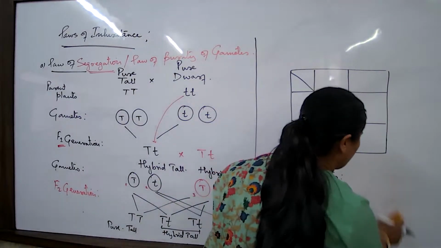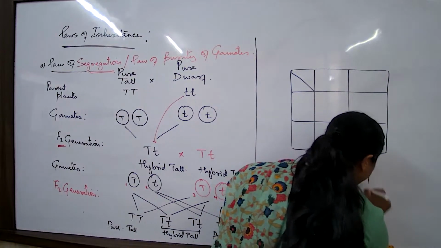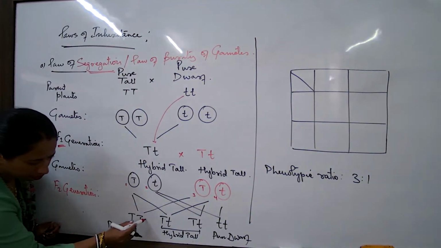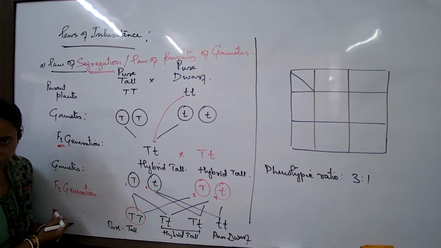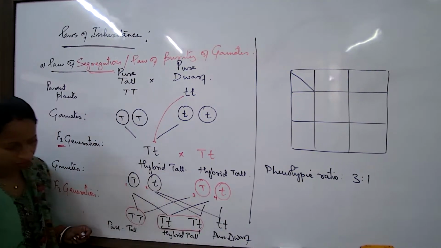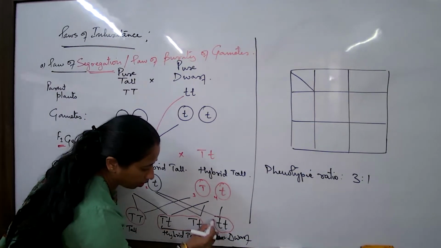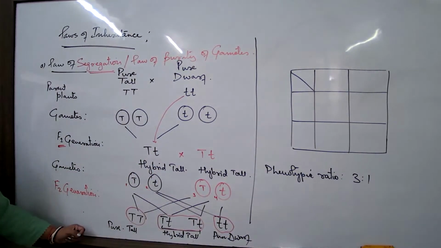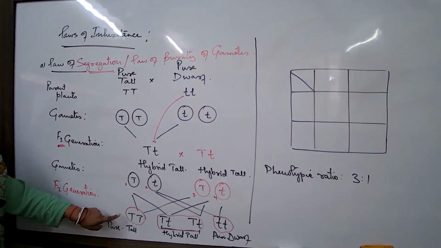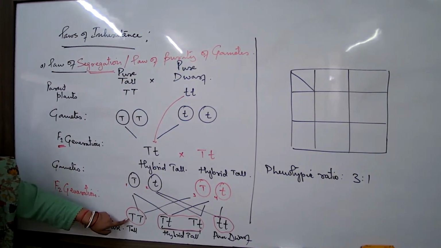And what about now the genotype? Look into the genotype now. How many types of genotype are there? 1. Then this is another one. And this is another one. So how many types of genotype? 3 types. Homozygous dominant.